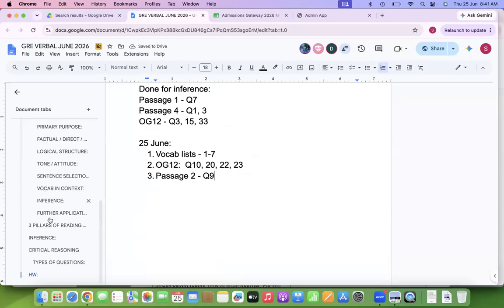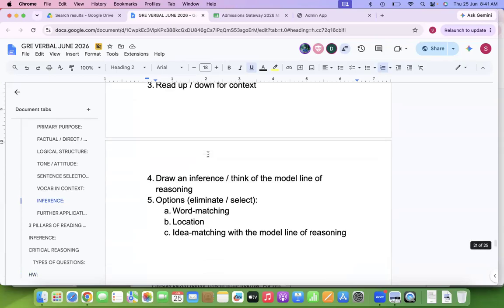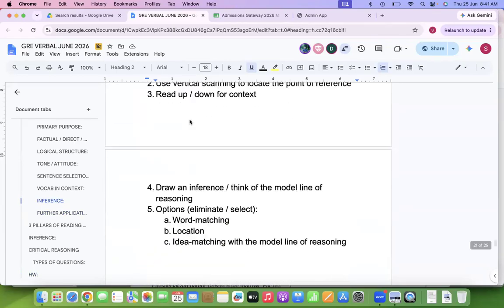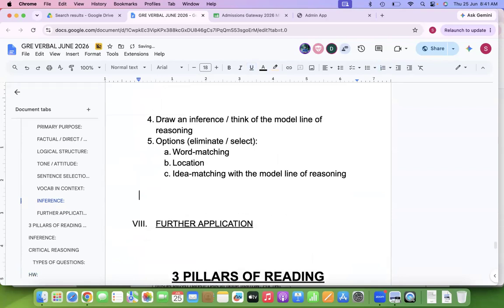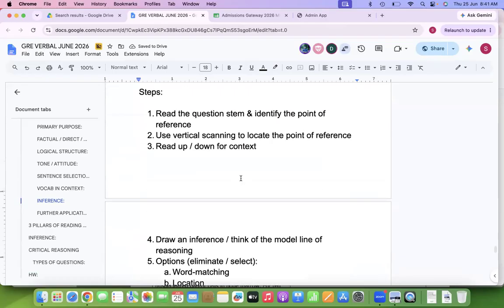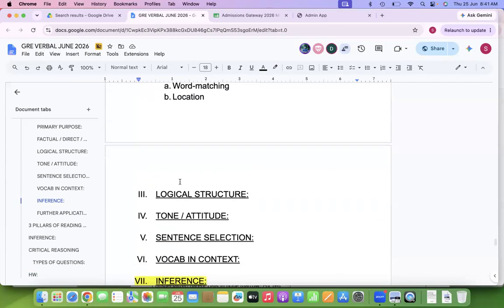So for inference, this is your homework. Tomorrow we'll look at other types of questions. We will look at further application tomorrow. And once we've completed this discussion on inference further application, then you'll find that the other types of questions don't take us too much time. And from next week, for Tuesday, Wednesday, for a couple of days, we are going to be strictly focused on GRE style of passages.